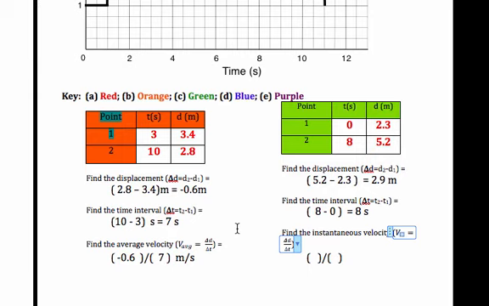I'm using an approximation here because I'm not actually making delta t go to 0. Delta t is really 1 second because that's how I've drawn that line. But I choose points at each end of the line in order to make my calculation of the slope more accurate. That instantaneous velocity is approximately 2.9 divided by 8 meters per second.